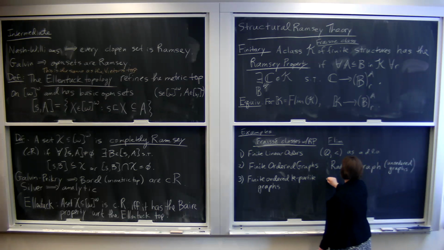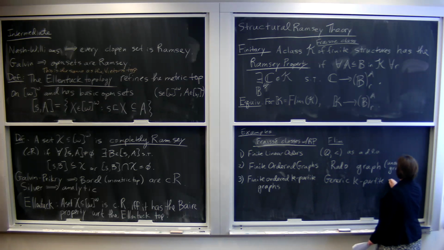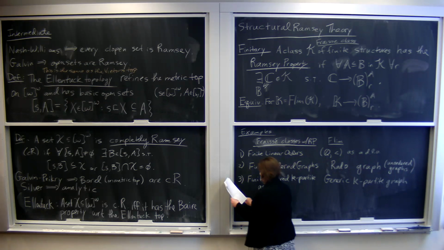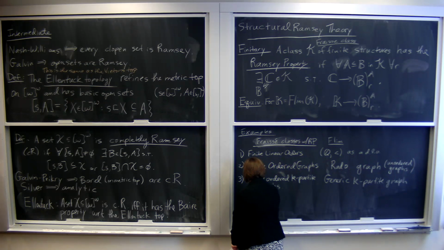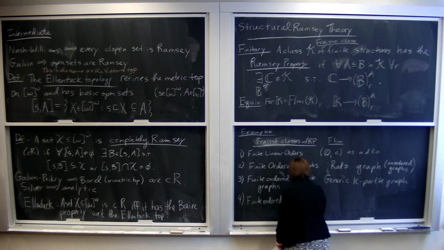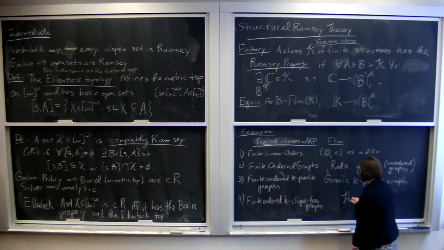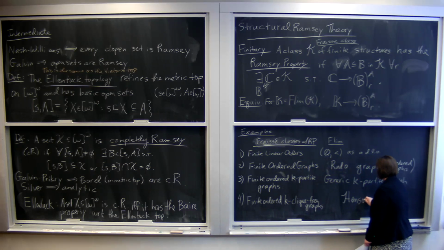And then it gets to the generic K-partite graph. And fourth, finite ordered K-clique free graphs. And those turn into Henson graphs.